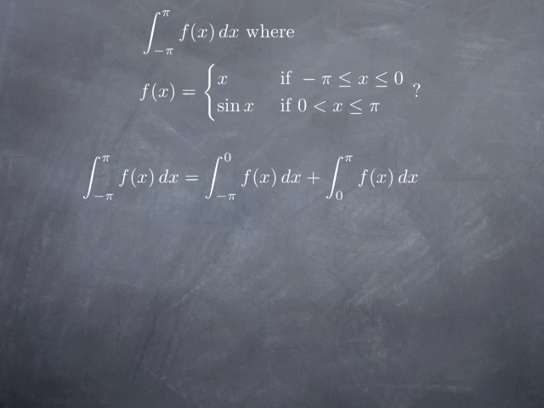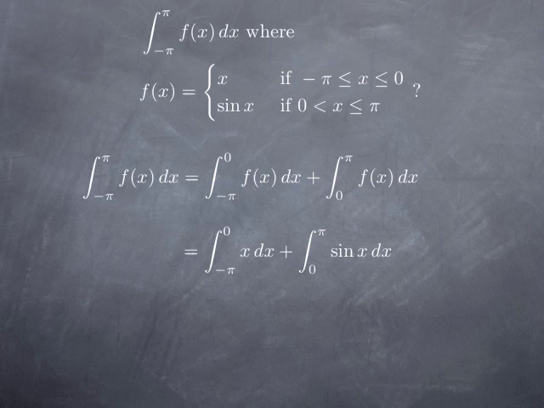So now for the first integral, on the interval negative pi to 0, the function coincides with the function x, and on the second interval from 0 to pi, the function coincides with the function sine x. Therefore, what we have is the integral from negative pi to 0 of x plus the integral from 0 to pi of sine x.